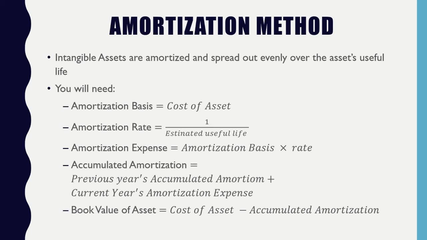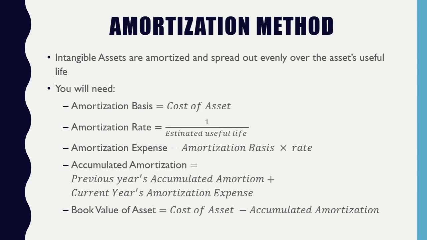Accumulated amortization is going to be the previous year's amortization plus the current year's amortization expense. And book value is going to be the asset cost minus accumulated. It's identical to straight line. The only difference is the basis is only the asset cost.